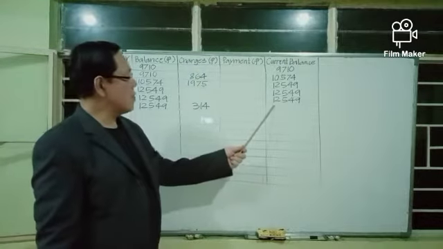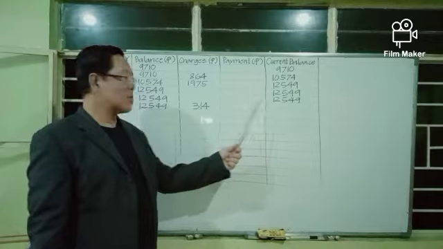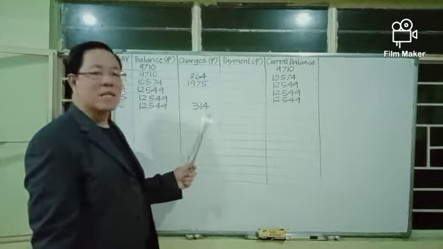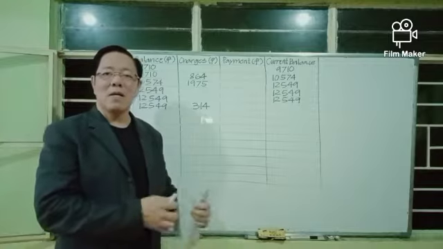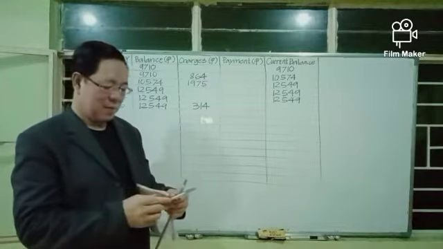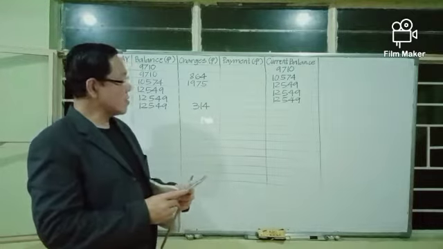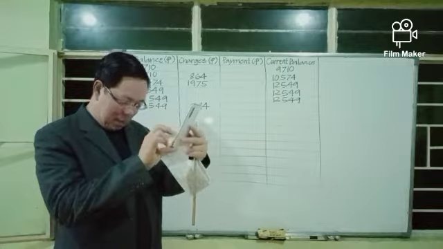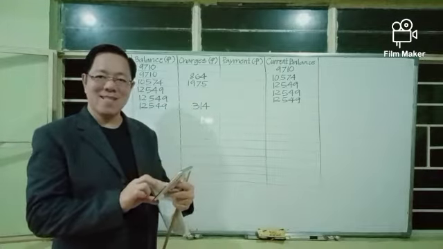Hence, at the end of November 6, her current balance would be 12,549 pesos plus 314 pesos. And you get that sum using your calculator. We have 12,549 pesos plus 314 pesos.